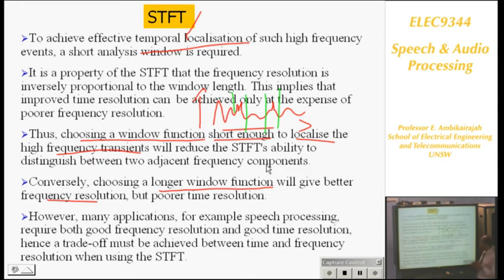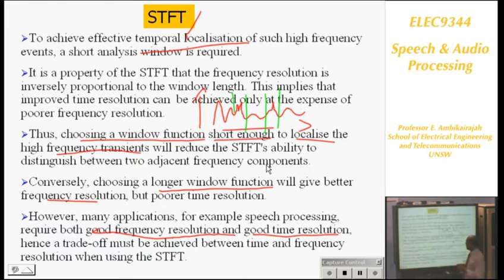So basically what we're going to say is in speech processing, we need a technique which gives you good frequency resolution and a good time resolution. We need good frequency resolution at low frequency analysis and good time resolution for high frequency analysis.